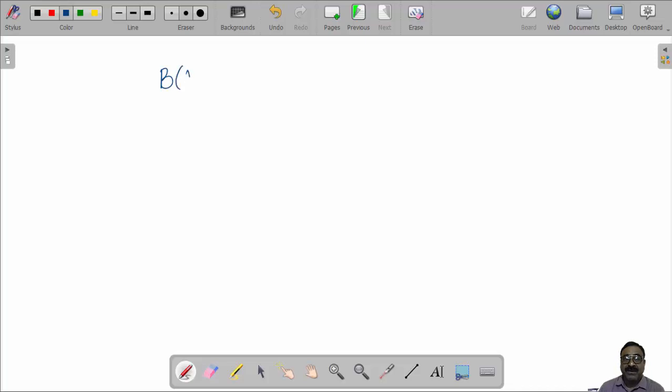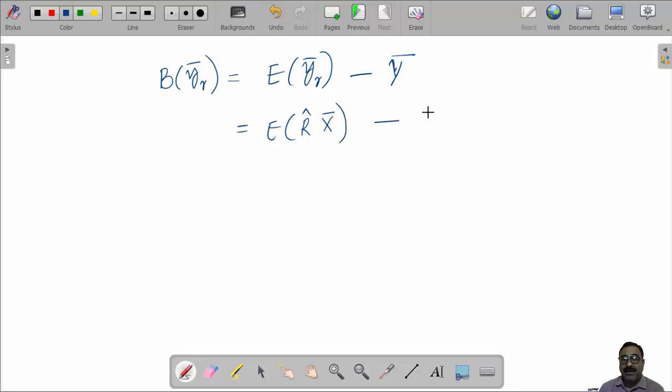Now we have to find the bias of the ratio estimator. Bias of the ratio estimator, B of Y R bar, is equal to the expectation of Y R bar minus Y bar, which is equal to the expectation of R cap X bar minus the expectation of Y bar.